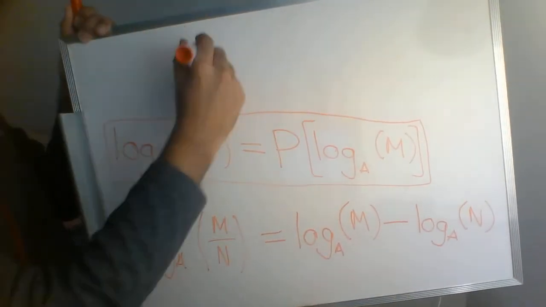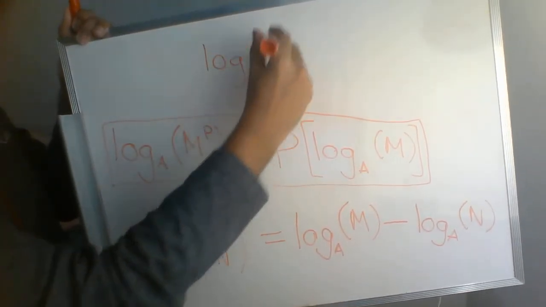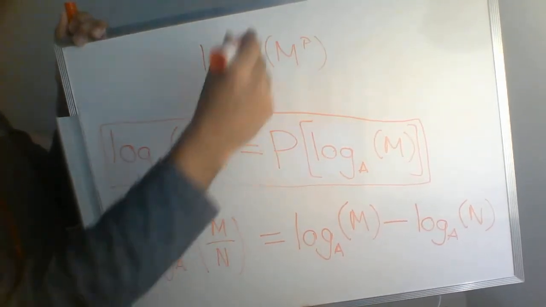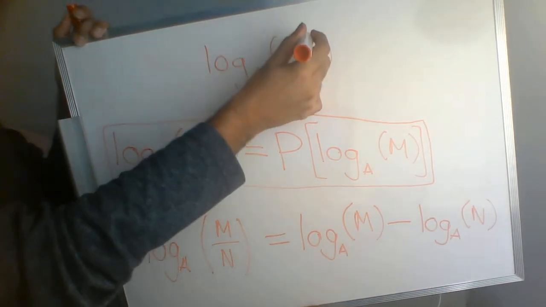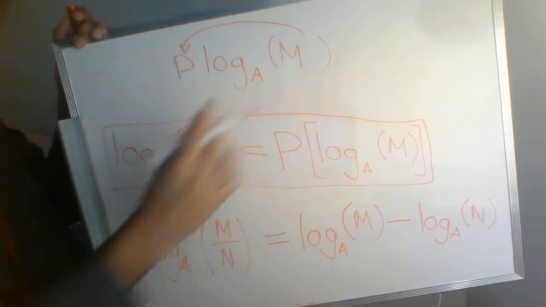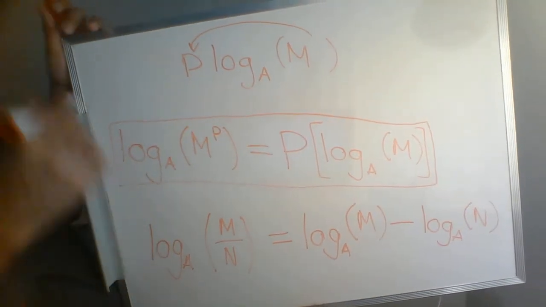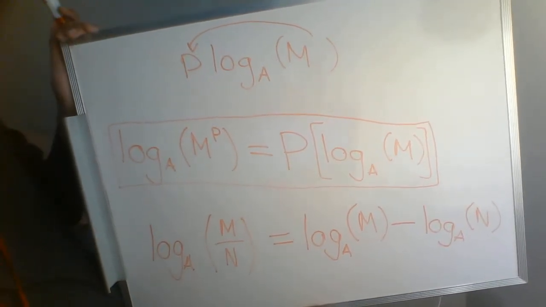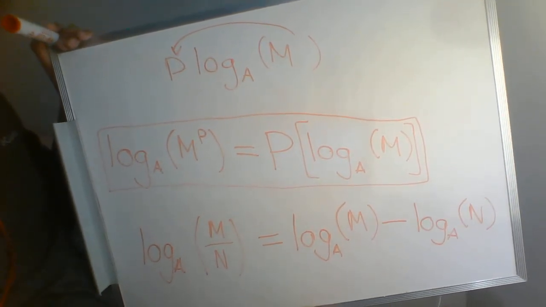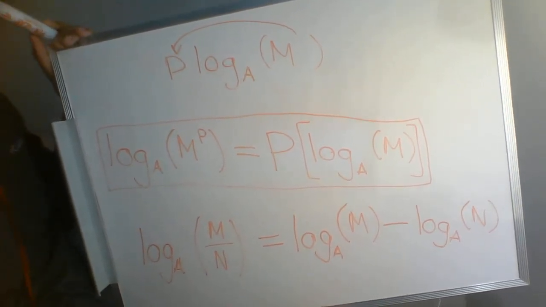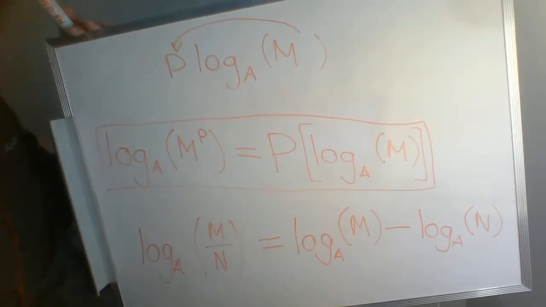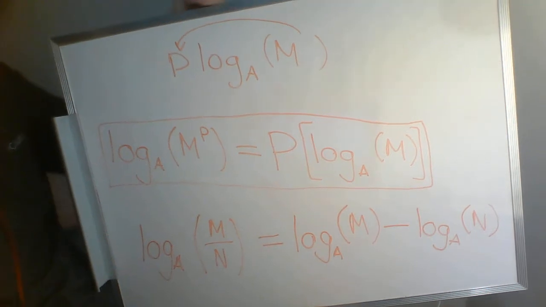Like we started with log base a of m to some exponent p, and what we've effectively done is we've just taken that p from over there, we've chucked it out here, and then removed it from up top. That's all that we've done. But that's a perfectly valid thing to do with logarithms. So that's just a neat property that you can get of logarithms. This is also a logarithm rule that people will use a lot.